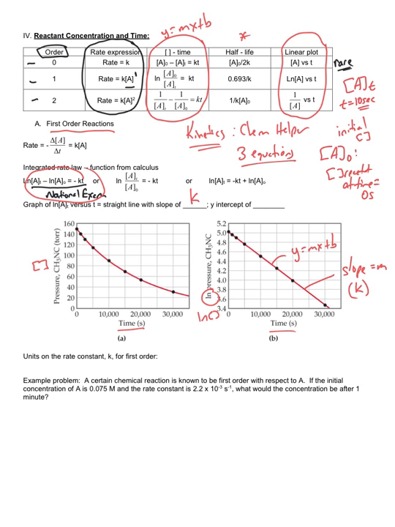So the slope of the line is the rate constant of the chemical reaction. The y-intercept is going to be the concentration of the reactant at time equals 0, because it's the y-intercept. But in this case, since it's a first order reactant, it's not the concentration, but the ln of the concentration.